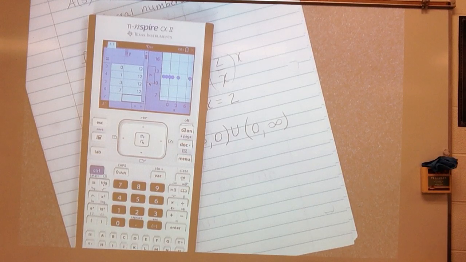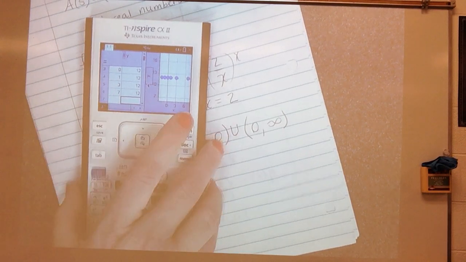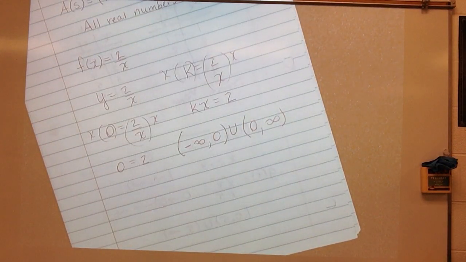Now let's look at the second set of data. Notice what's happening to my x values. I'm starting at the negative and going to positive. But what's happening to my y values? I'm going from positive to negative.